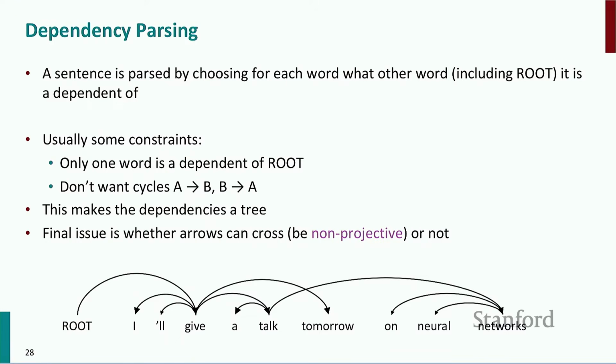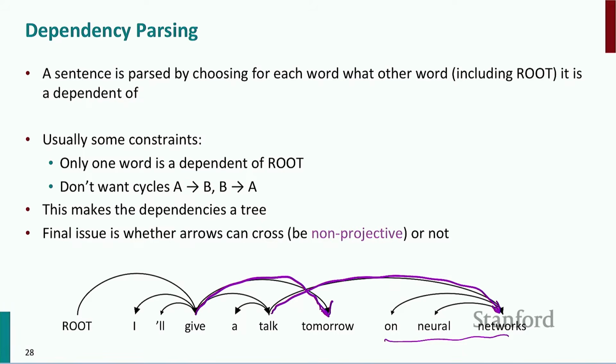Okay, so normally we get this sort of nesting that corresponds to what you can build with context-free grammar structure, but sometimes in human languages you get dependencies that don't nest. So you get sentences like, "I'll give a talk tomorrow on neural networks," where actually "on neural networks" is modifying the talk, and "tomorrow" is an argument of "give."